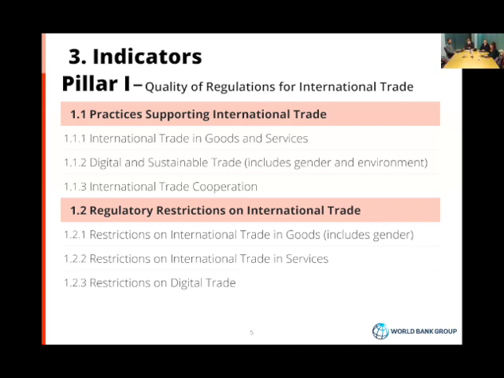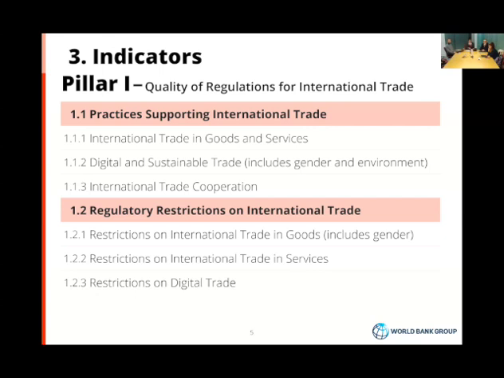The first category pertains to practices supporting international trade. This assesses the extent to which the applicable regulatory framework incorporates good practices that promote market access, practices on digital and sustainable trade, and international trade cooperation.